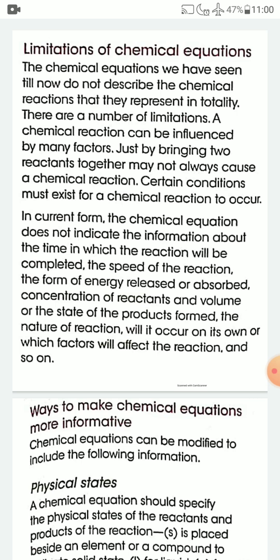A chemical reaction can be influenced by many factors such as catalyst, temperature, heat, pressure. Just by bringing two reactants together may not always cause a chemical reaction. There are certain conditions that must exist for a chemical reaction to occur.